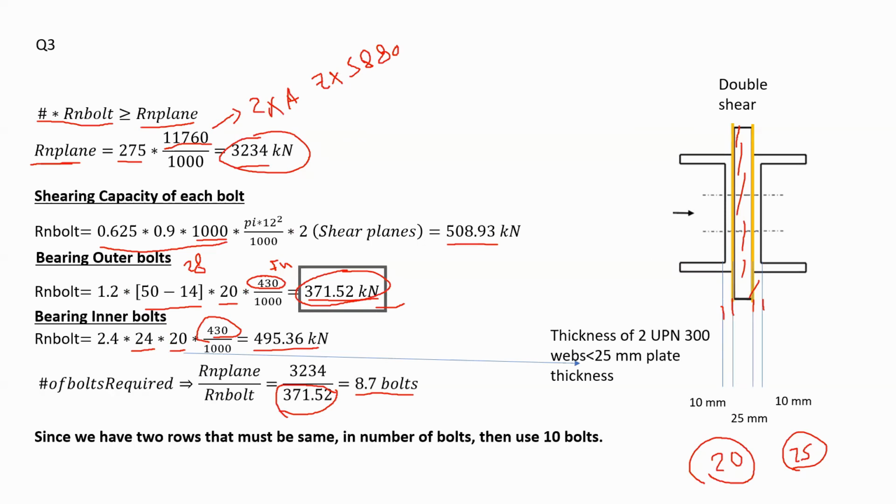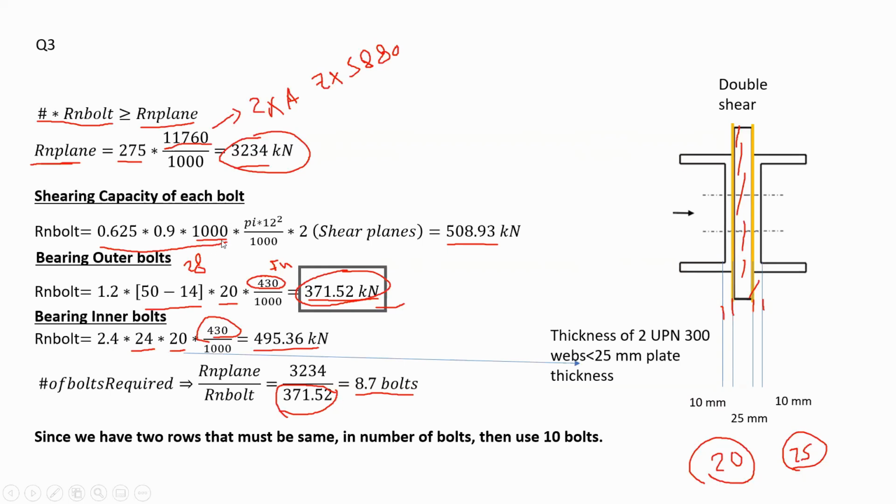Yes, hocam, exactly here. Like I was asking about the 1,000 like 10 minutes ago. In this one, while we are finding Rn bolt, we multiplied with 1,000 and then divided again by 1,000. I think you confused with this 1,000, right? Yeah, exactly. What's that stand for? That 1,000 is actually the ultimate strength.